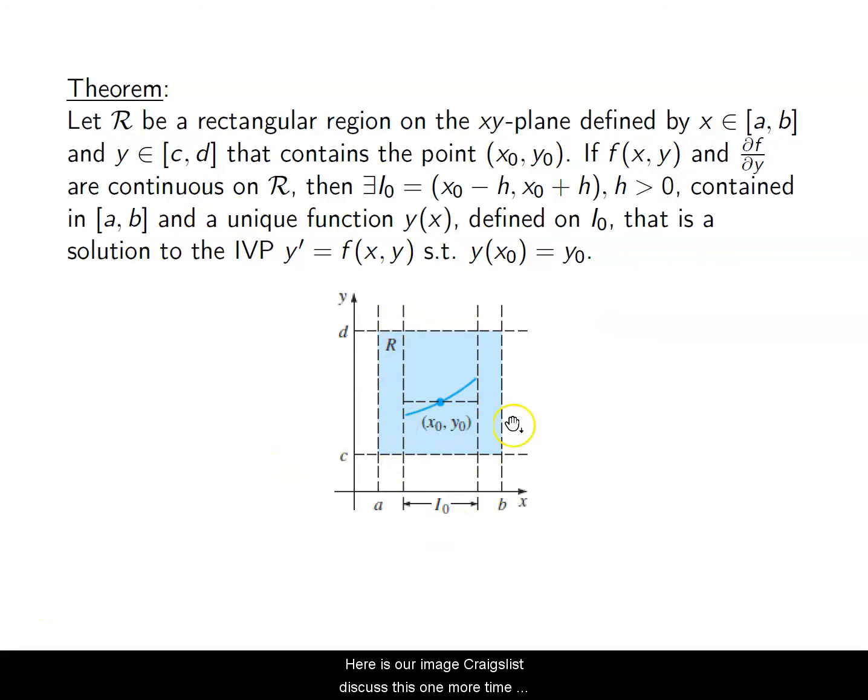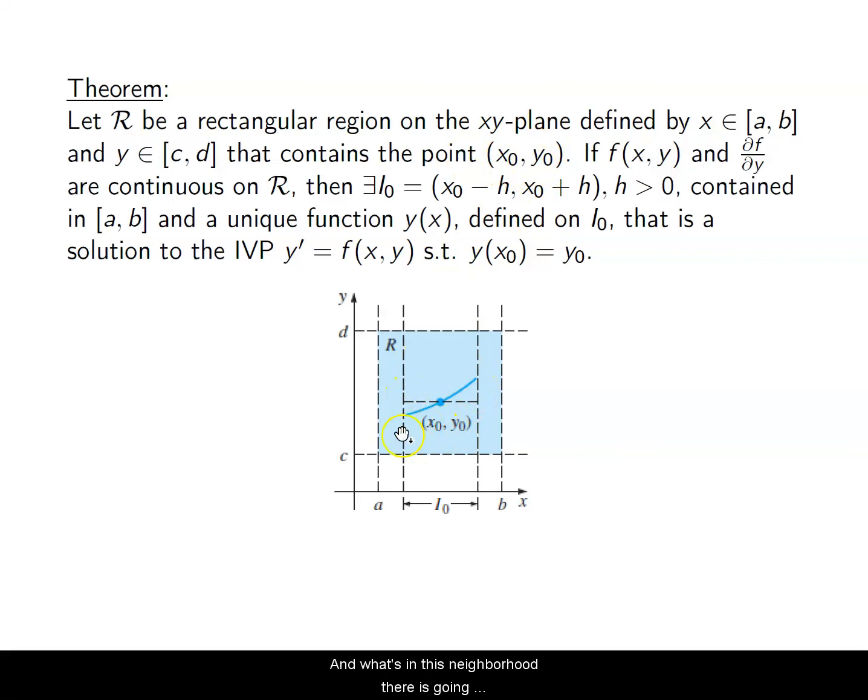Let's discuss this one more time, because it's always good to go over deep theorems like this so that they make sense to you. I have a rectangular region from A to B on X, from C to D on Y. Within this region, there is a neighborhood around some point which I would like to consider my initial condition.